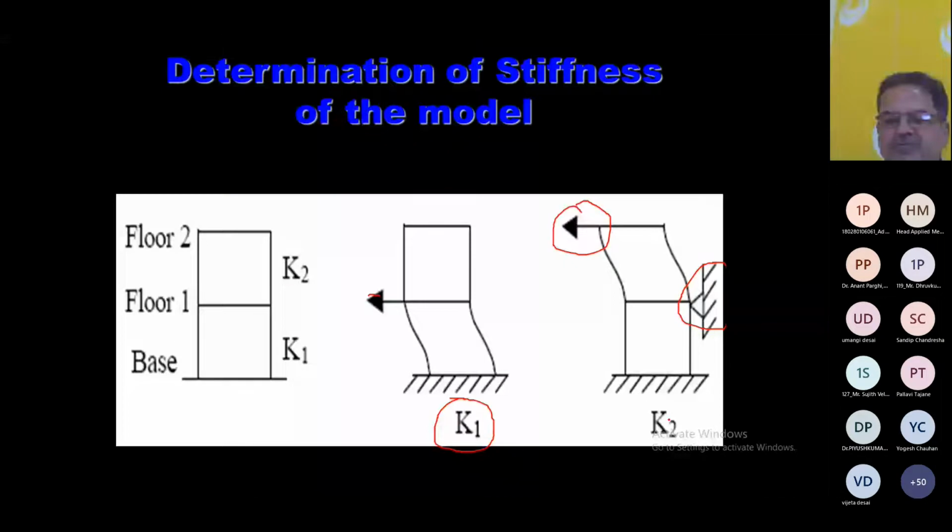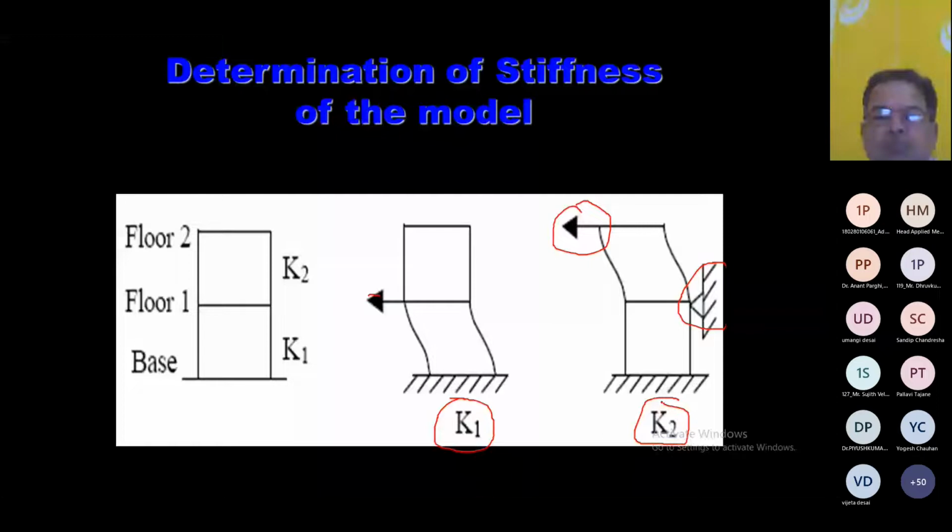So you have to determine the stiffness of the model in a real sense, I tell you. Theoretically, we can find out, but that may not be the exact one. So here you get the exact stiffness of your model, because in your model, it is very difficult to model the boundary condition in the software. Suppose I'm analyzing my model in the software, then I have to give the boundary conditions.